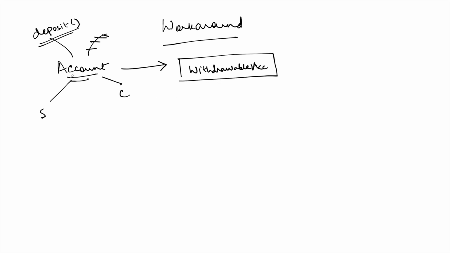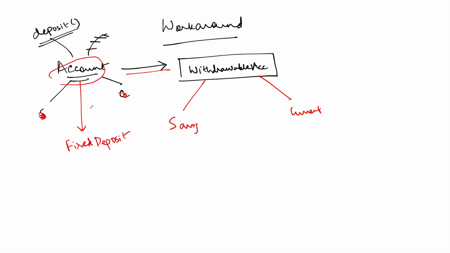So now, instead of inheriting from the account class, the savings and the current account will inherit from the withdrawable account class. So from the account class, the withdrawable account class is being inherited, and the fixed deposit class is going to extend or inherit the account class.